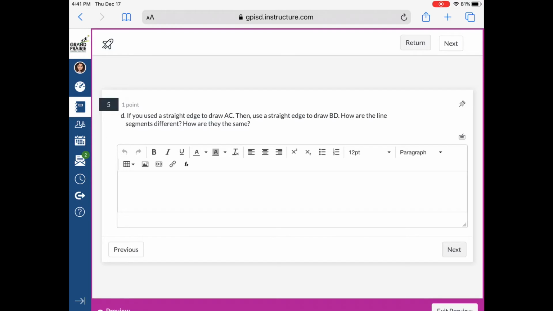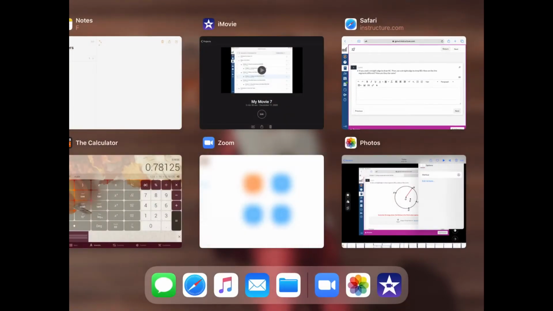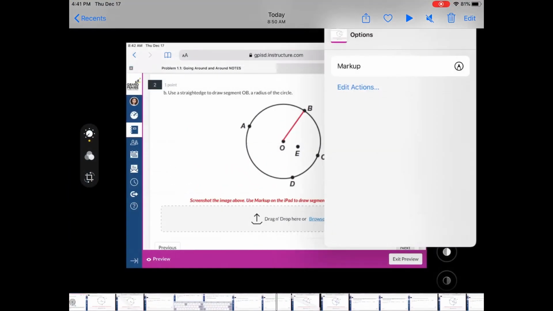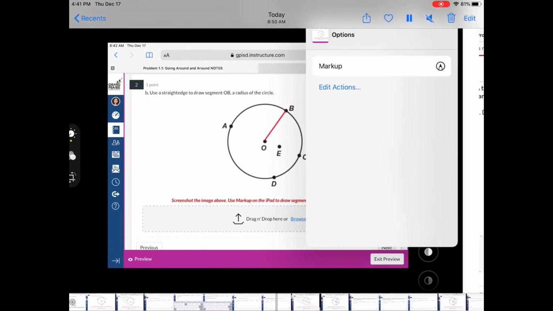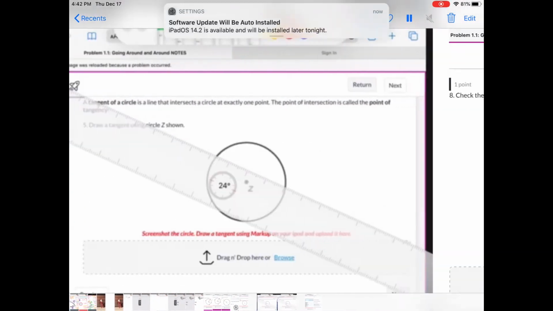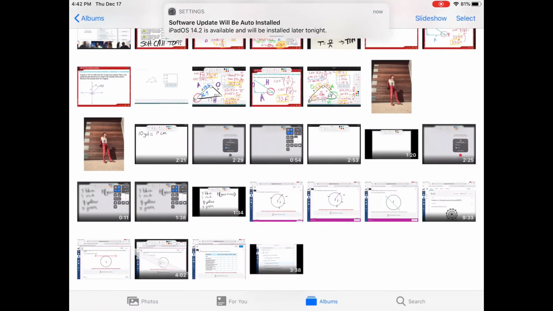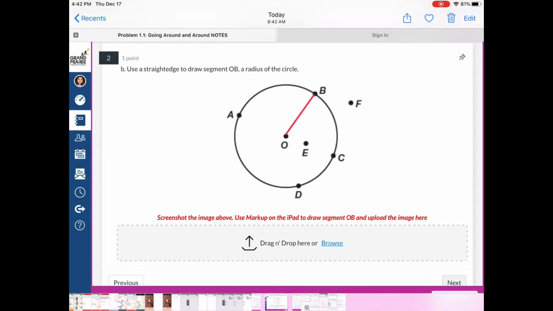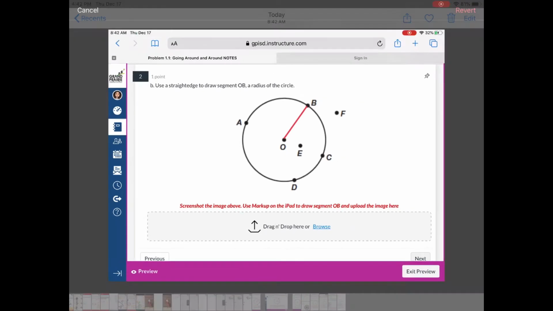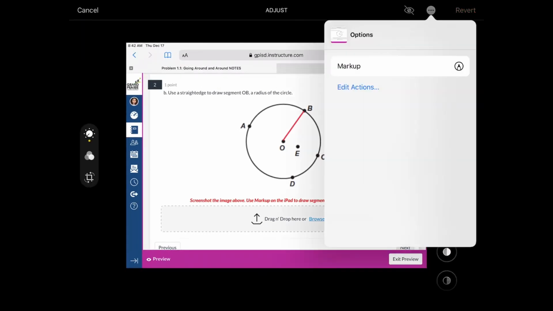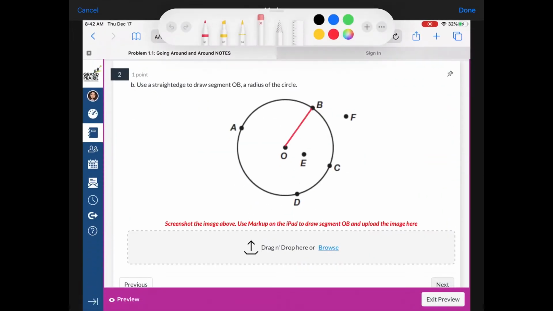So to answer this question, we have to go back to our picture and we're going to check. Let's see. There we go. Okay, so let's go ahead and draw that so we can actually visually understand this question.